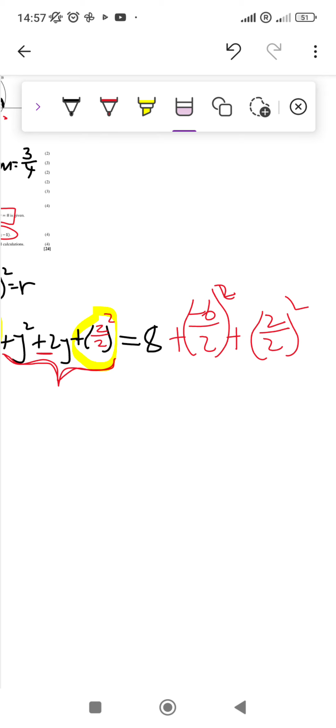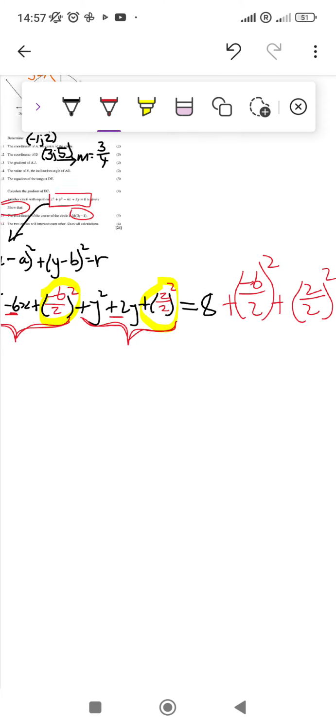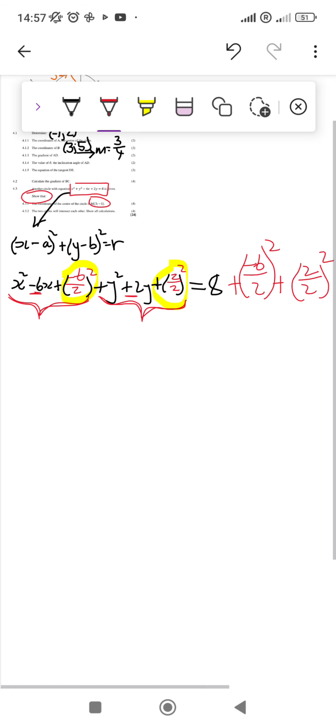So what I want us to note is maybe when we learned about completing the squares, we were told you add and subtract half the middle term squared. That's perfectly fine, that's great.